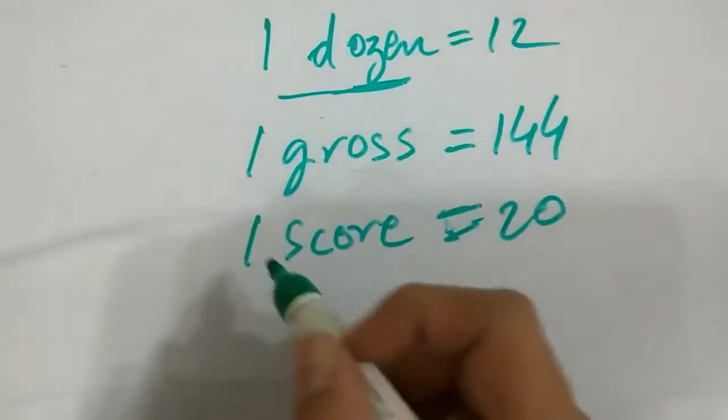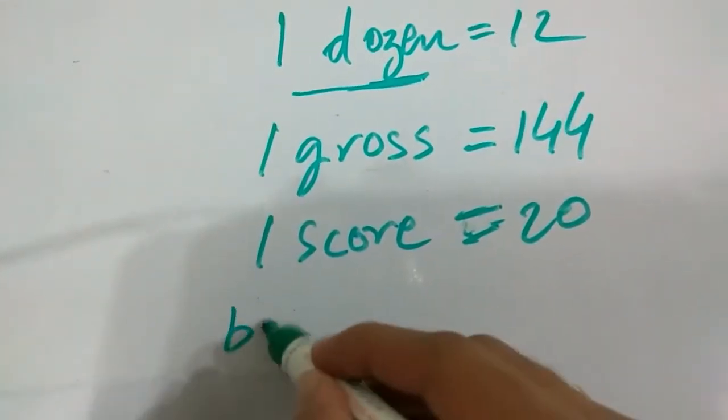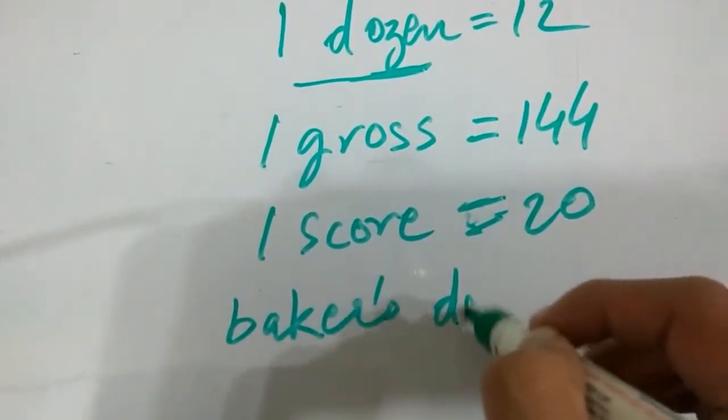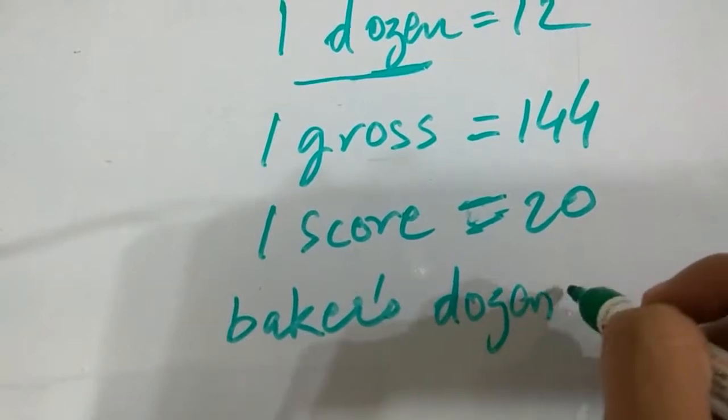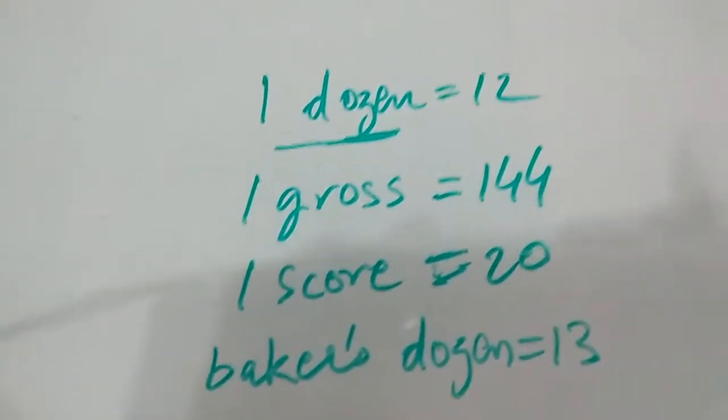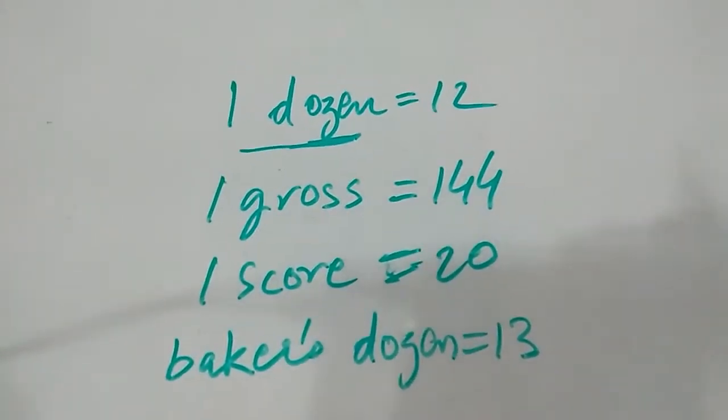And there's another called the baker's dozen, which is equal to 13. Not many people know about this, not many bakers also know about this, but the baker's dozen equals 13.